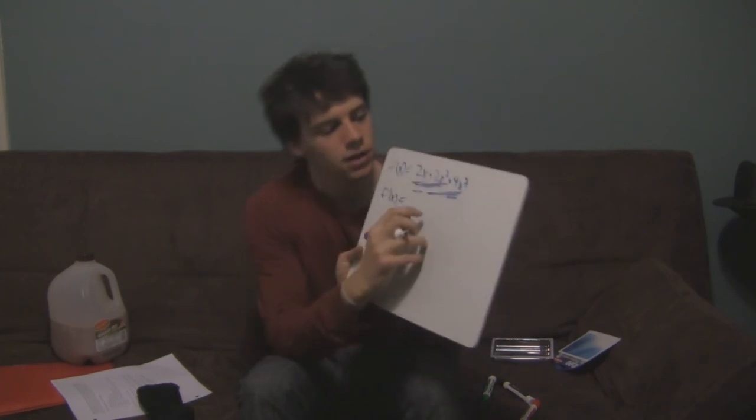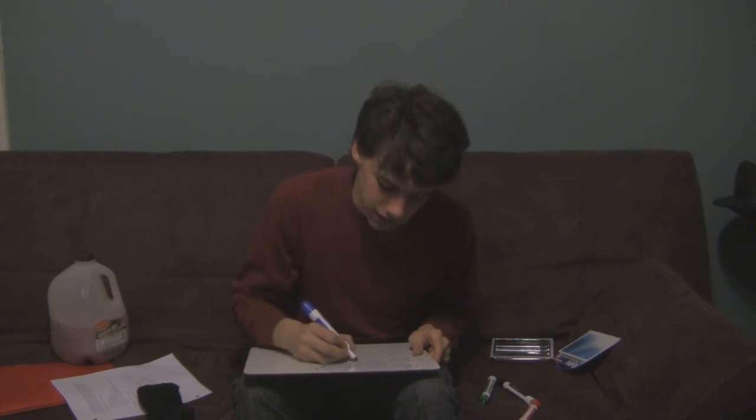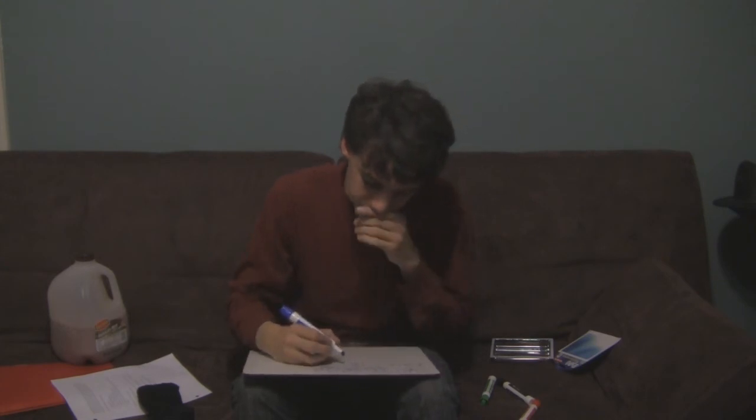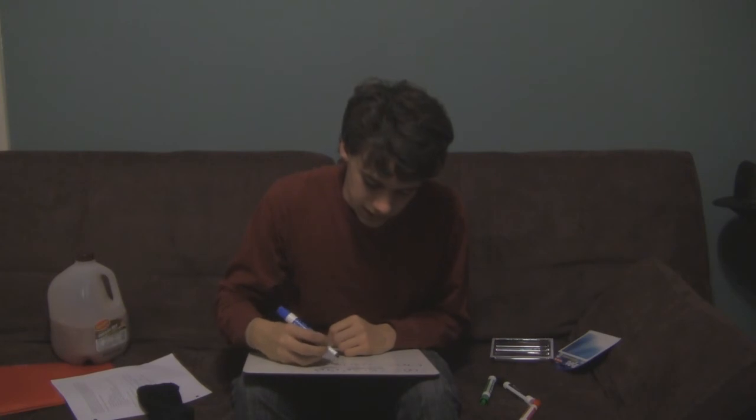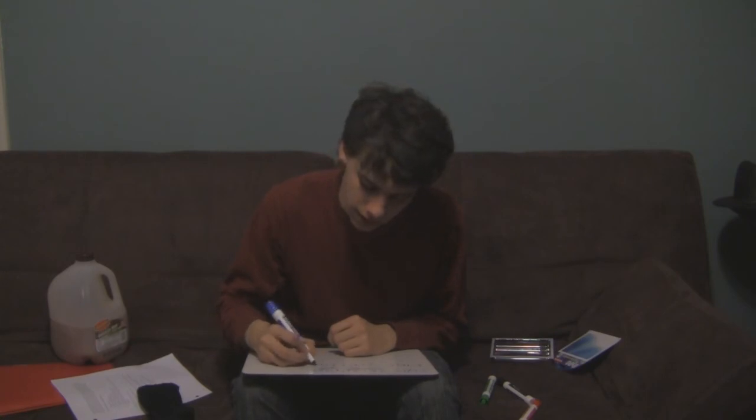So, for example, if you use 2x times 2x squared, you find the derivative of that, which is 2x times 4x plus 2 times 2x squared.